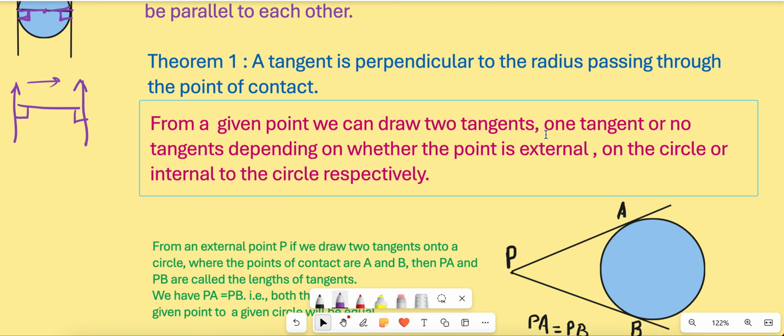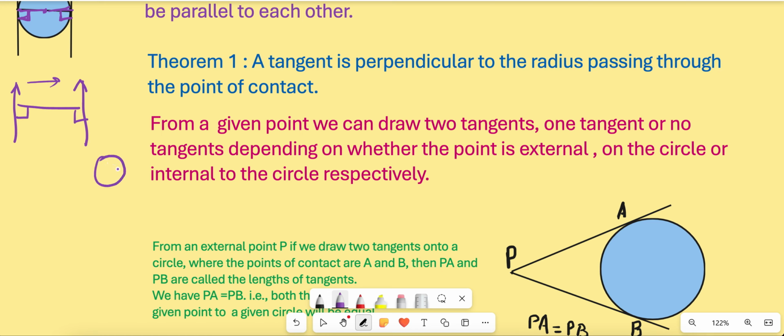And the third case is the point lying within the circle. If the point is lying within the circle, how can we draw a tangent? It is not possible. So no tangent can be drawn if the point is internal. That's the meaning of this particular statement.